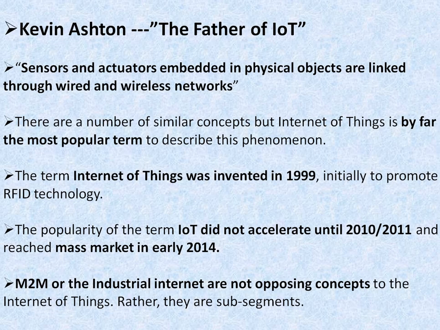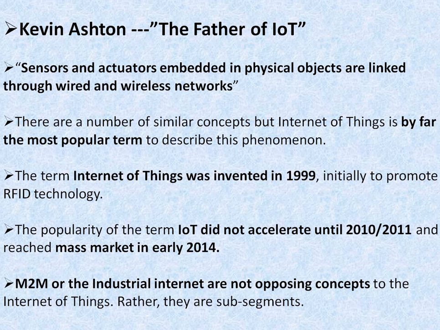In the IoT introduction itself, I have to say something. Kevin Ashton, the father of IoT, invented it in 1999, promoting RFID technology, radio frequency identification, so that sensors and actuators are embedded in physical objects or linked through wired and wireless networks.